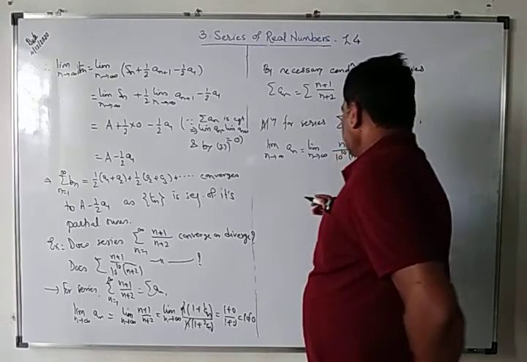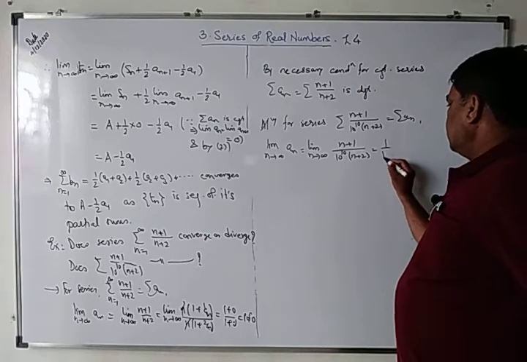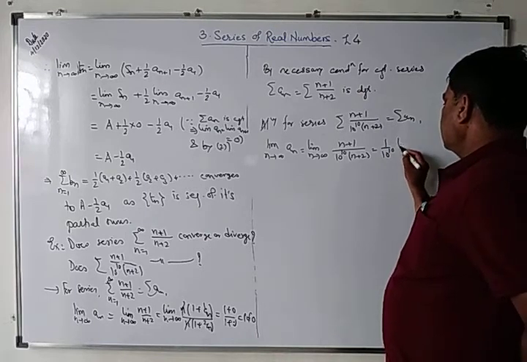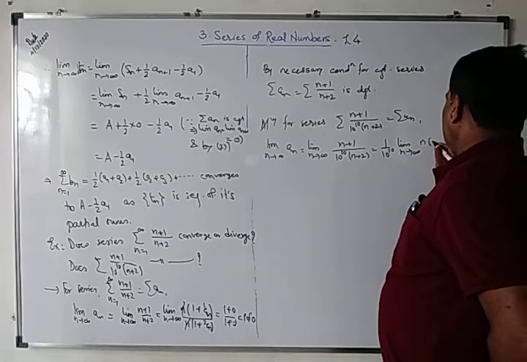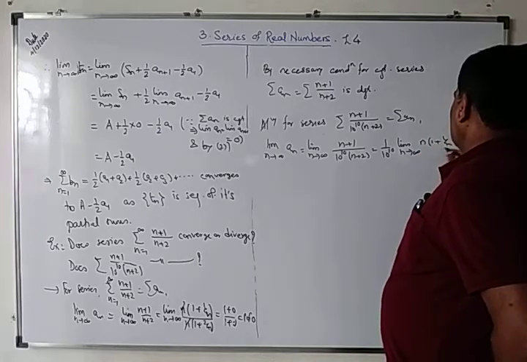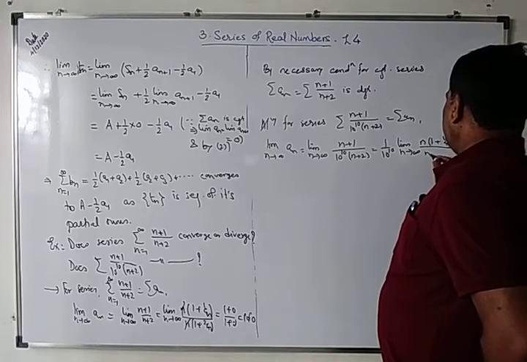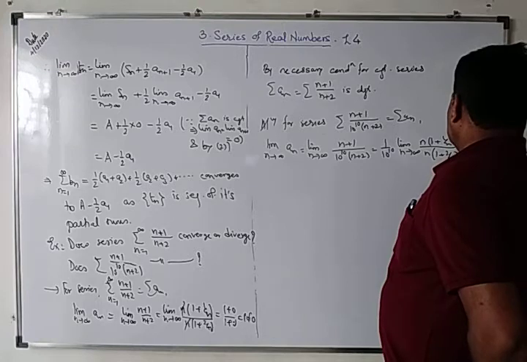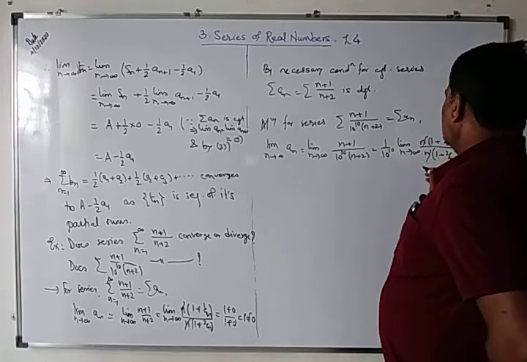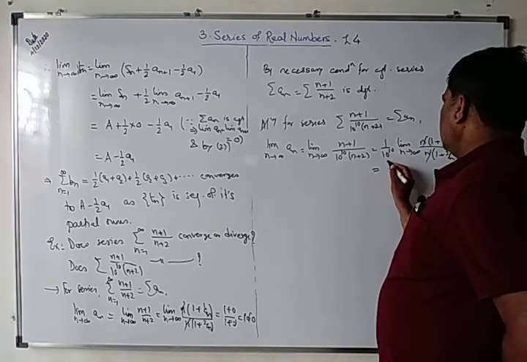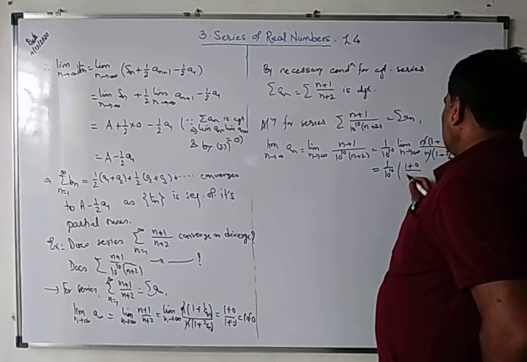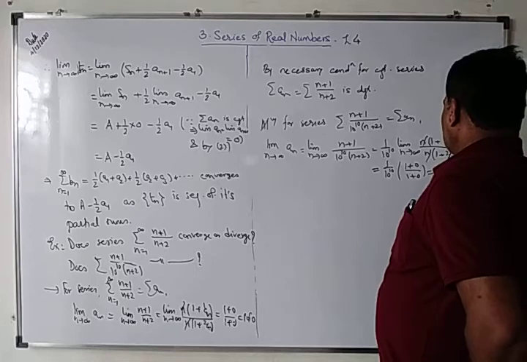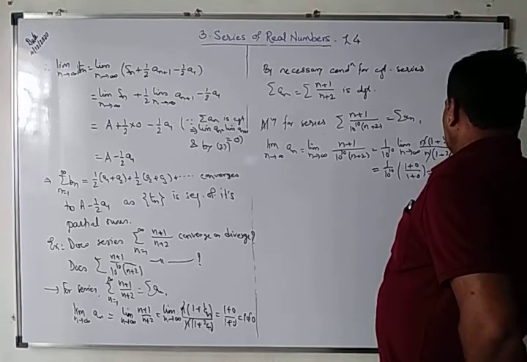We'll take 1 upon 10 raised to 10 outside, and again take n outside from numerator and denominator: (1 plus 1 upon n) upon (1 plus 2 by n), which is equal to 1 upon 10 raised to 10 into (1 plus 0) upon (1 plus 0), equal to 1 by 10 raised to 10, not equal to 0.